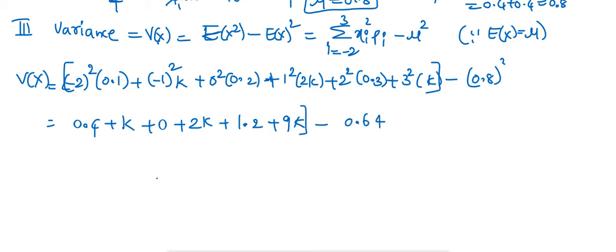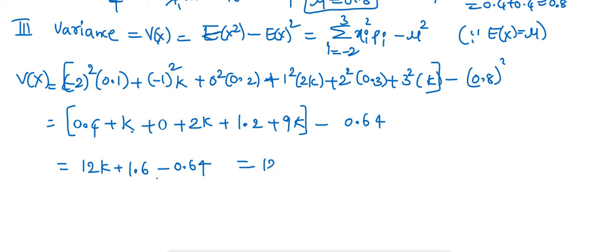Here this is equal to k plus 2k, 3k, 3k plus 9k is 12k, plus 0.4 plus 1.2, that is 1.6, minus 0.64.